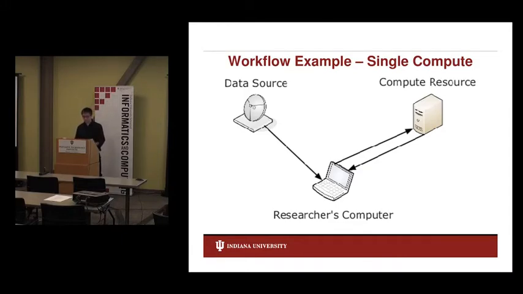That data is transmitted and stored on your computer. And in this simple workflow, there's one compute resource. So you transfer your data to the resource, you run your job, you run your simulation on the data, and then you transfer it back to analyze what you've done. Pretty simple workflow. And it works well for gigabytes, maybe even a terabyte, if you're patient.